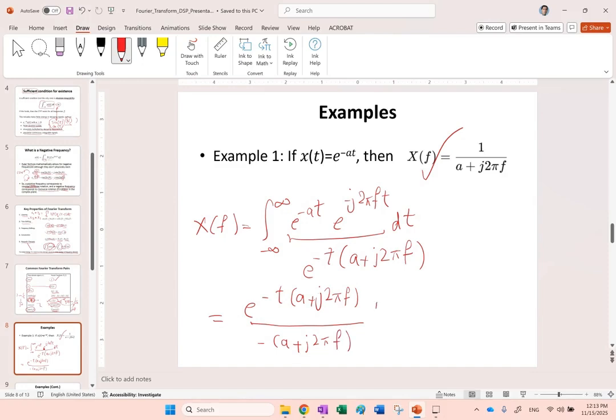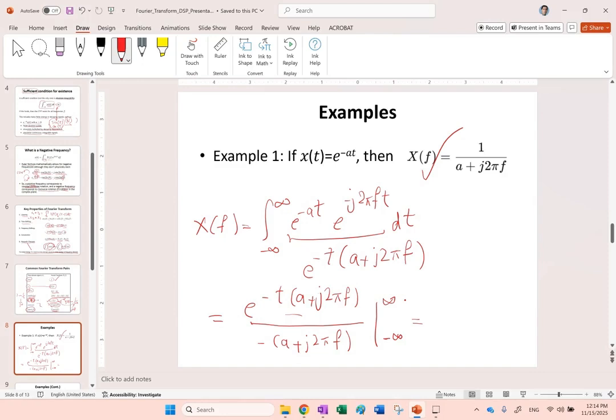So that's the function, and it has to be evaluated at negative and positive infinity and subtracted. Okay, so what would you get here? Well, at negative infinity, this becomes positive infinity. At positive infinity it becomes 0. So clearly this does not converge, right?